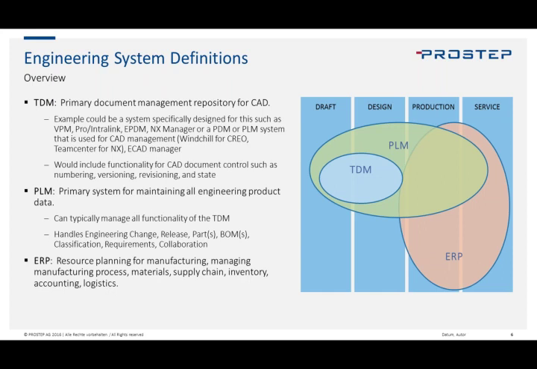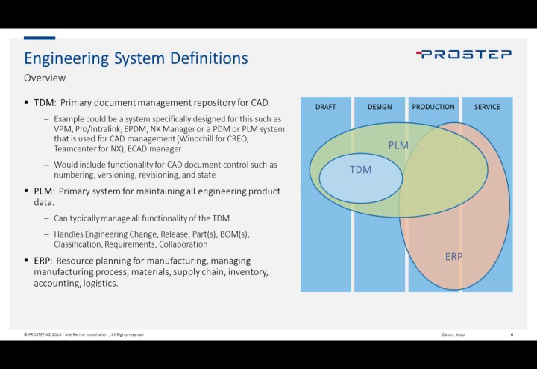A PLM system takes all that concept of a TDM, like the diagram on the right has, with the CAD integration, but then adds to that change control, requirements management, releasing, classification, collaboration, like supplier integration, and configuration structures, effectivities, multi-BOMs, all that type of stuff, right? So it contains all that document and CAD control from TDM, but then adds more functionality.